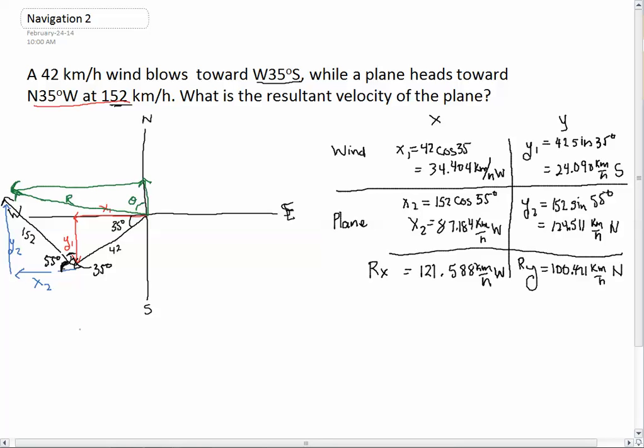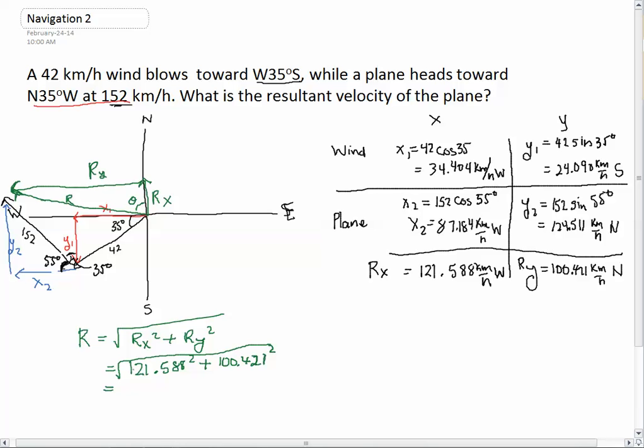To get the magnitude of R, we're going to use the Pythagorean theorem. We've got Rx and Ry. So to find R, we take the square root of Rx squared plus Ry squared. In this case, we have 121.588 squared plus 100.421 squared, and then we square root it.